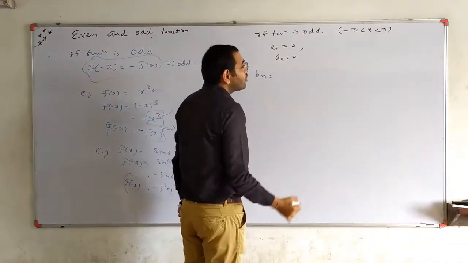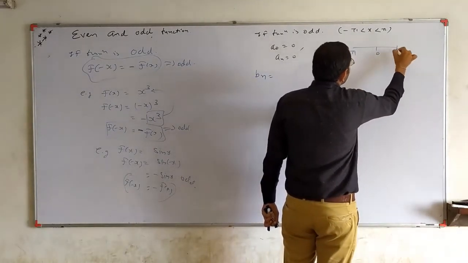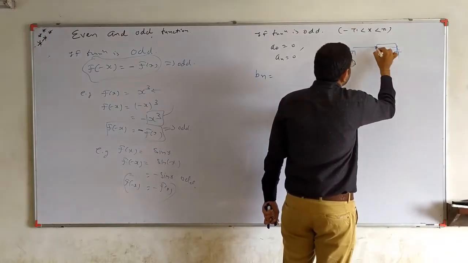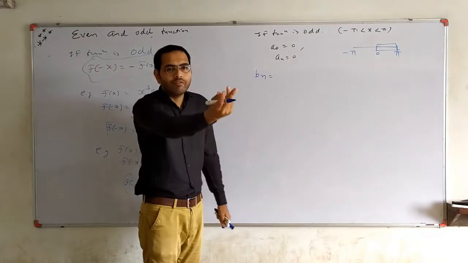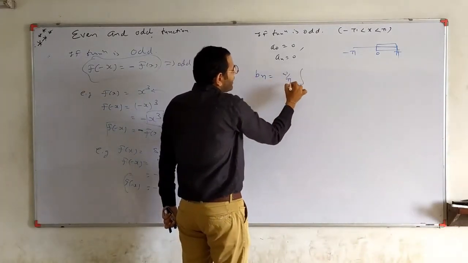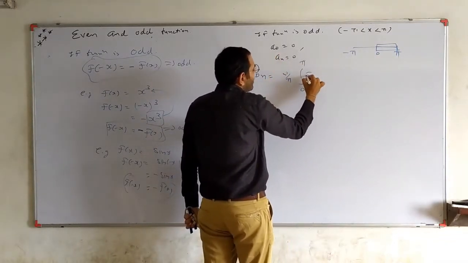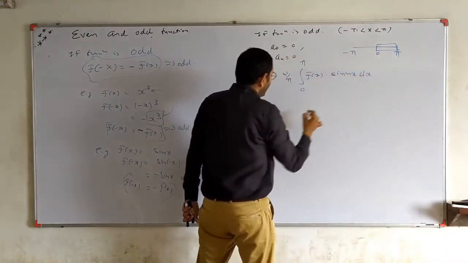Then bn equal to, here we have minus pi, 0 and pi. Then we just find it for this particular range or limit, and multiply with 2. Then bn equals 2 by pi, integral from 0 to pi of f of x sin nx dx.